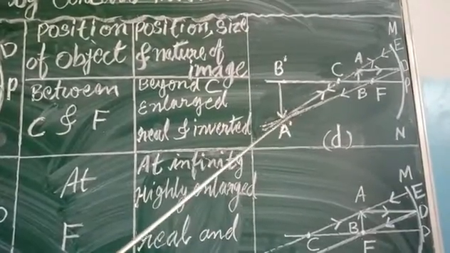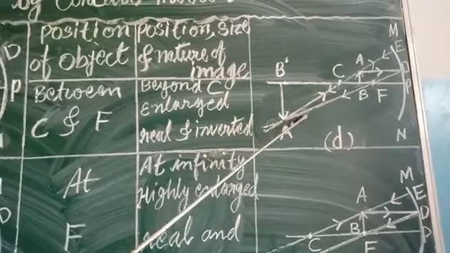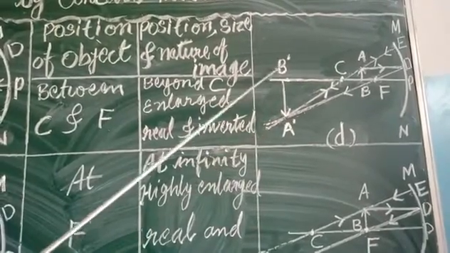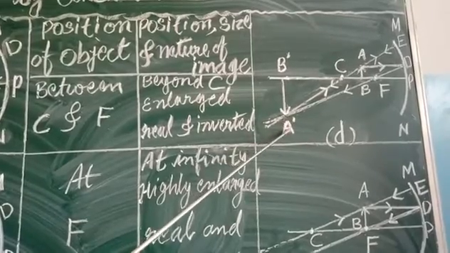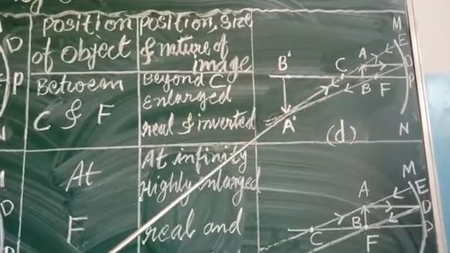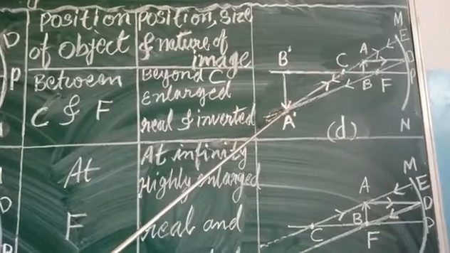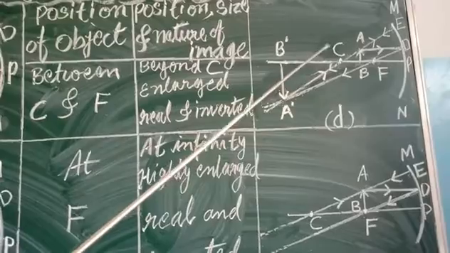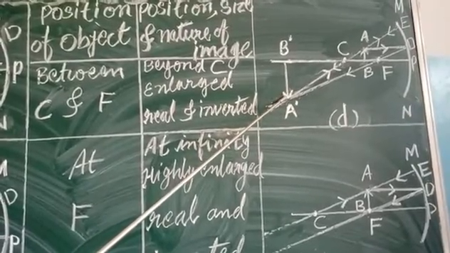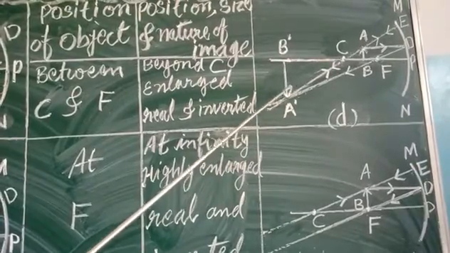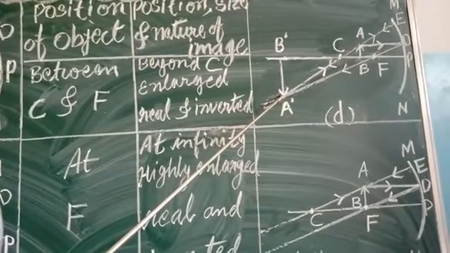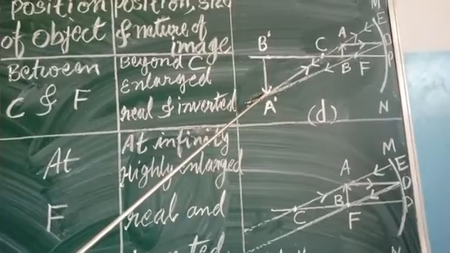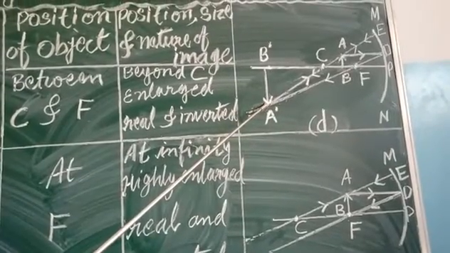This is the point where the two reflected rays intersect and the image is formed, that is A dash B dash. So here the image is formed beyond the center of curvature, the size of the image is larger, and the nature of the image is real and inverted.